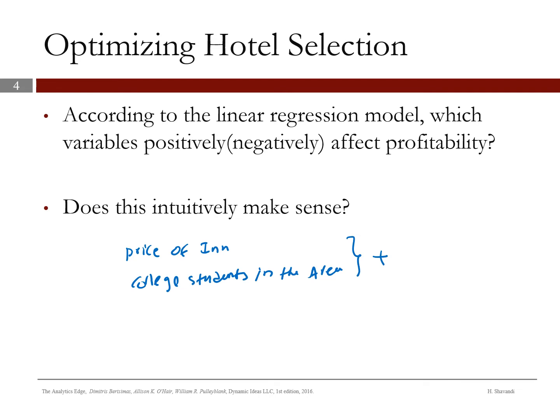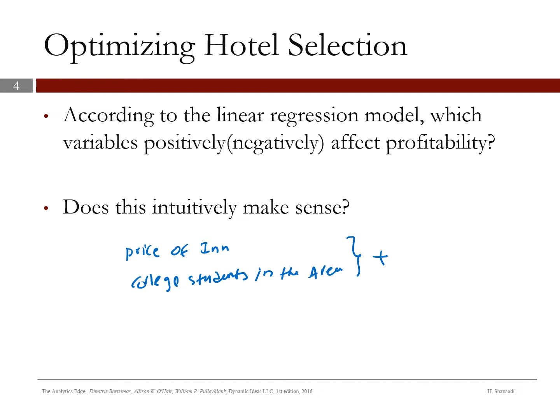And it makes sense, right? Because an increase in college students in the area would increase the accommodation demand nearby the town. So there will be more demand for the hotel, right? And also the price of the inn.